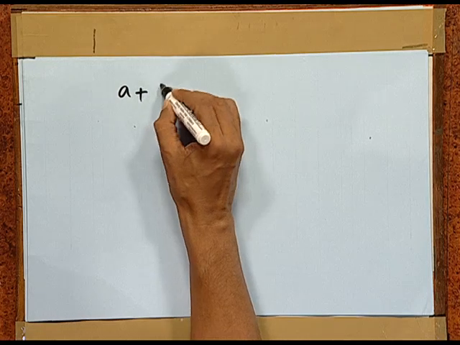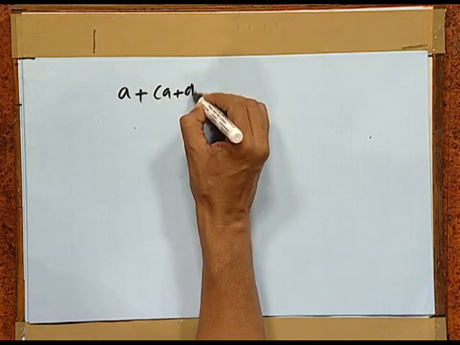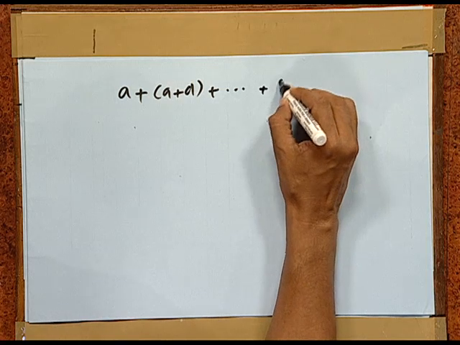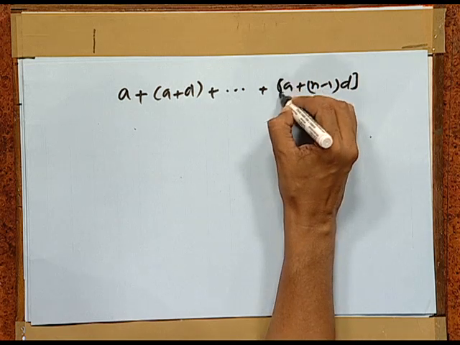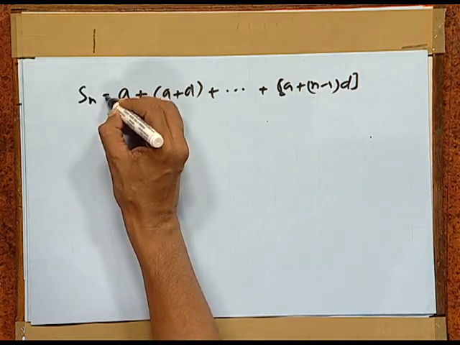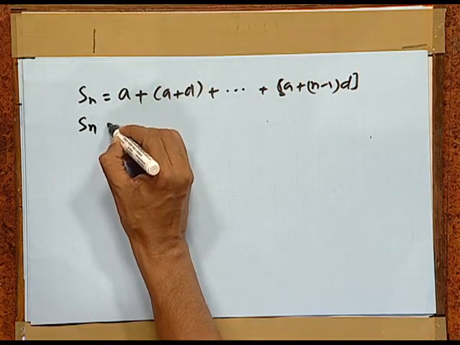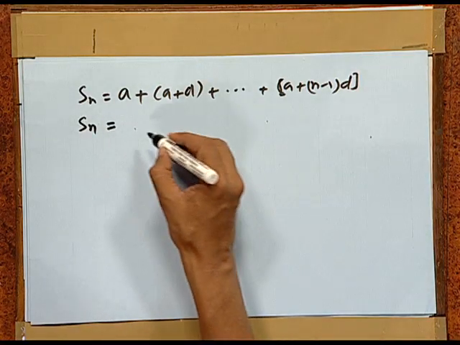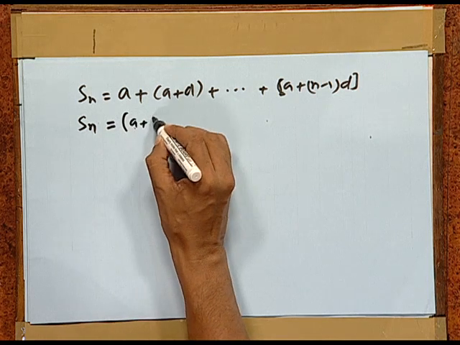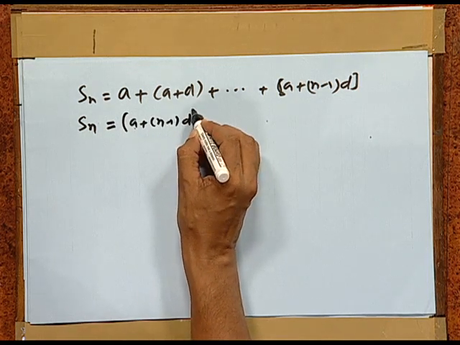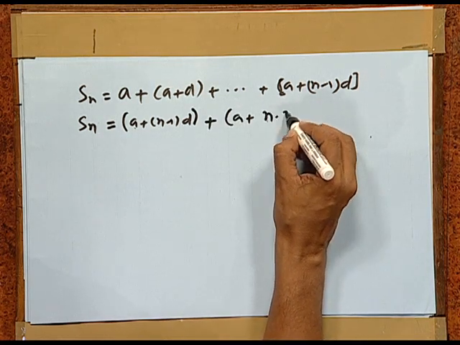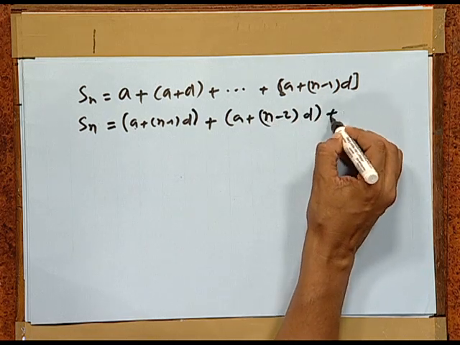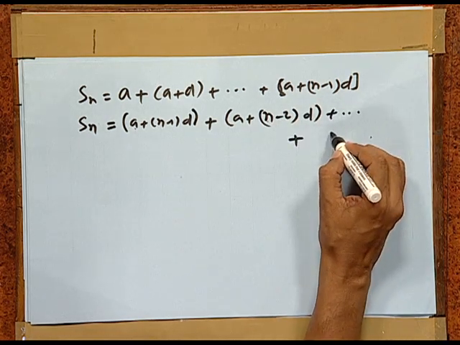To have a general formula, we take the general case a plus d and so on up to a plus (n minus 1) d. Let us call it Sn. Sn can be written again in the reverse order as a plus (n minus 1) d plus a plus (n minus 2) d and so on, and finally a.